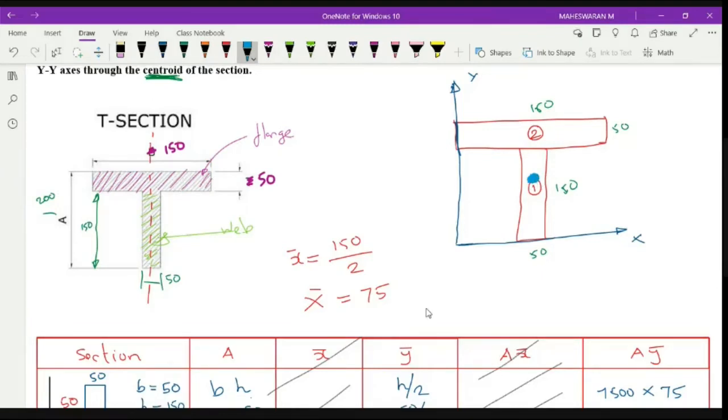Right, but if I consider the centroid for this particular object, one alone is somewhere here at 75. Two alone, right? Two alone is somewhere here. Okay. So whenever I want to add my moment of inertia, it has to be about the same origin.